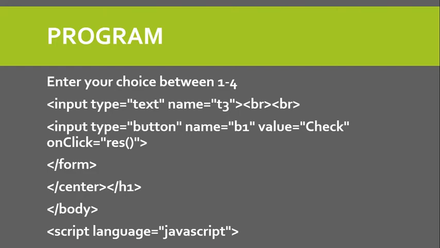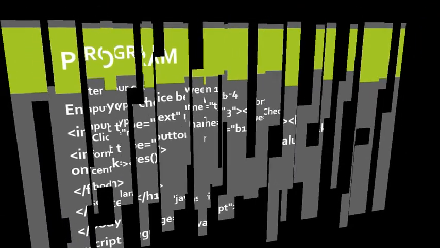Now this is your scripting part. So script language is equal to JavaScript. Then this is your function res, which I have called. Curly bracket start, variable declaration a, b, c. So 3 inputs a, b, c. Enter first number, enter second number, enter third number, and this is your calculation part. My result will get stored in the r variable.